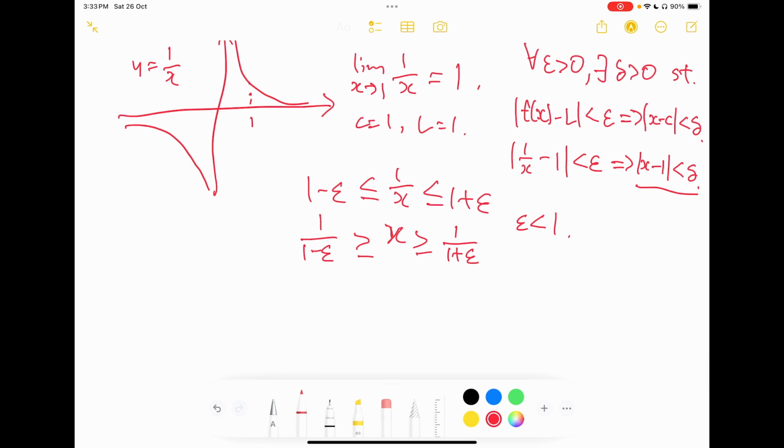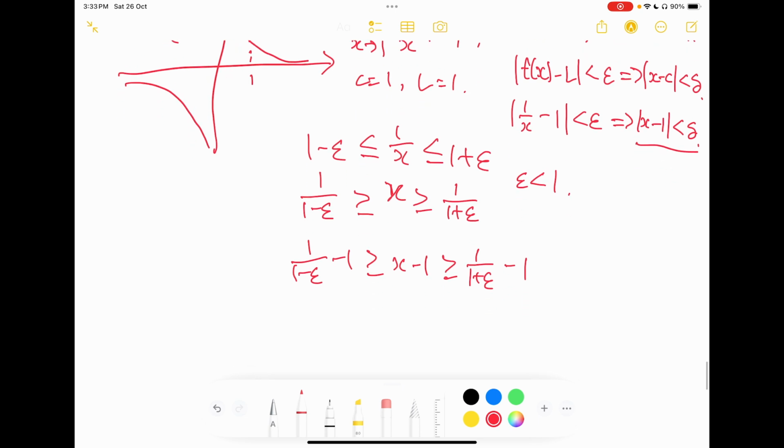And now we have this, right? We can subtract 1 to get the same kind of expression in the absolute value. And now what we need to do is find a delta such that we can contain this x minus 1. So what we notice is that obviously this is a positive number, right?